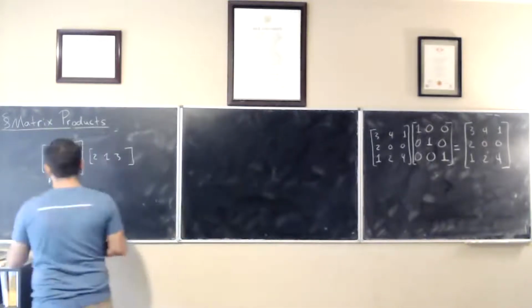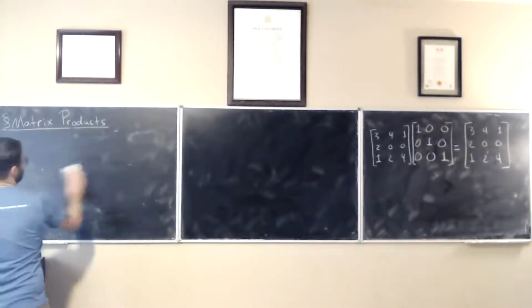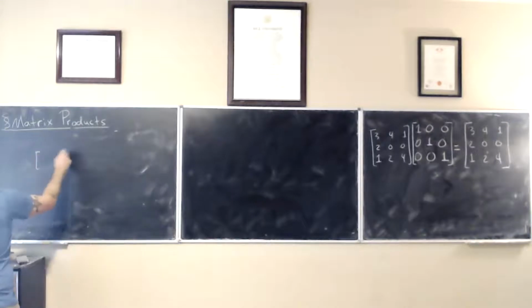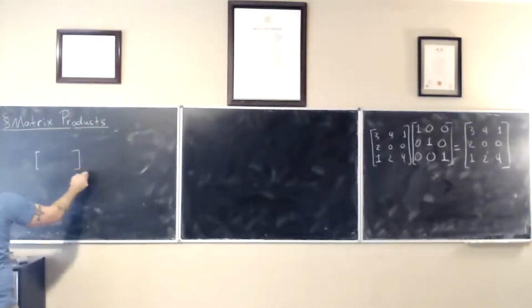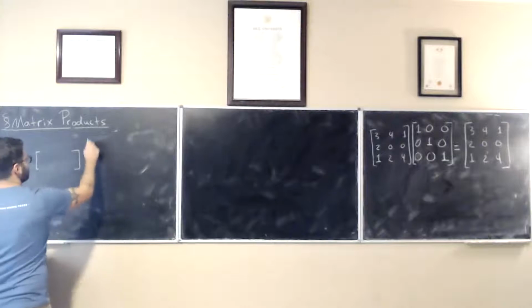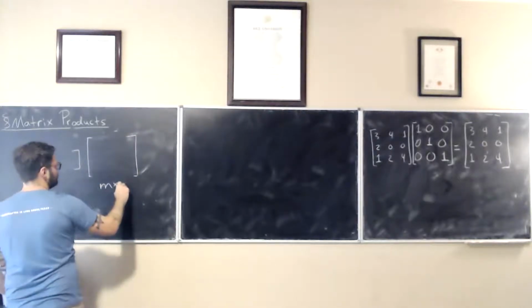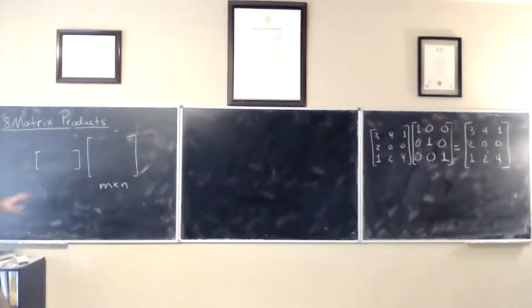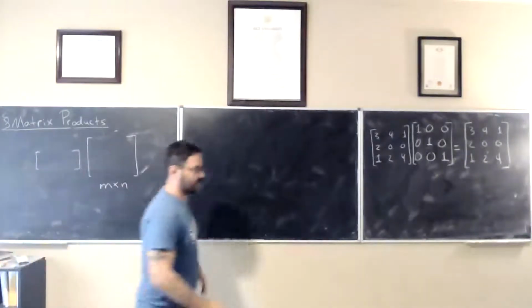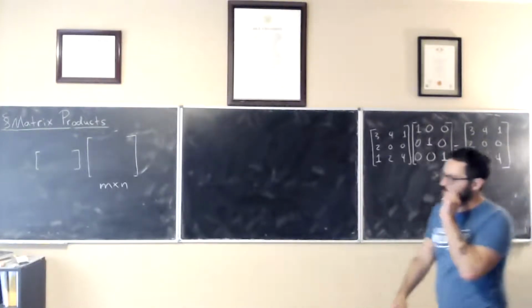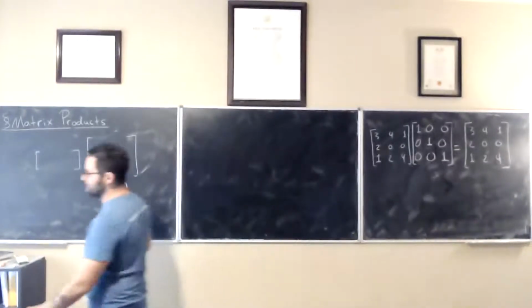However, you can do, or can you? It depends on the size of the things. So if you have an M by N matrix here, can you do row matrix multiplication? Is that possible? And when is it possible?